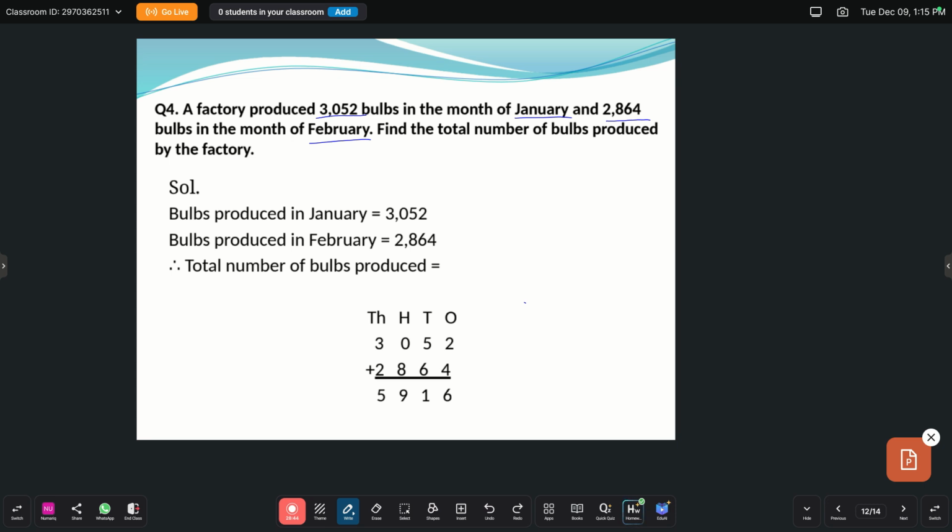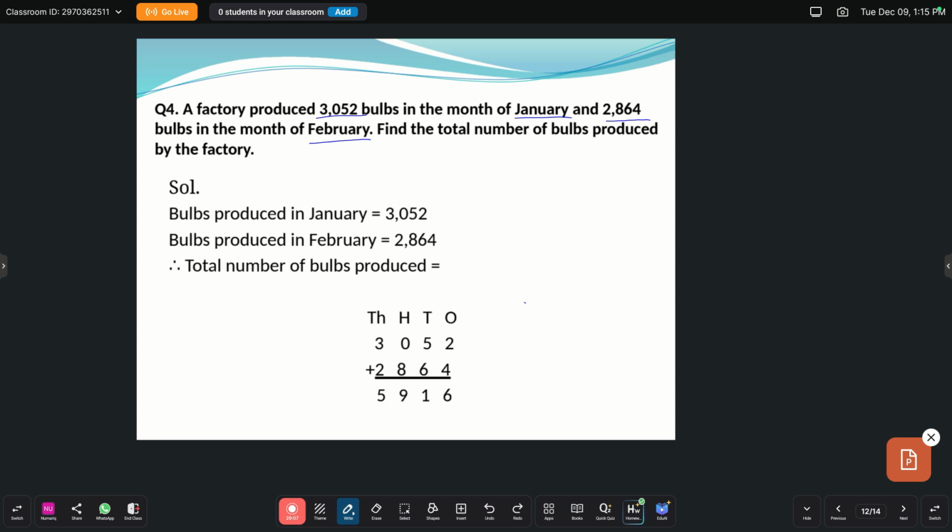Now what we have to do? We have to find the total number of bulbs that the factory produced. That means we have to add them. We have to add the number of bulbs produced in January and the number of bulbs produced in the month of February. We have to find their sum. So let us write it like this.